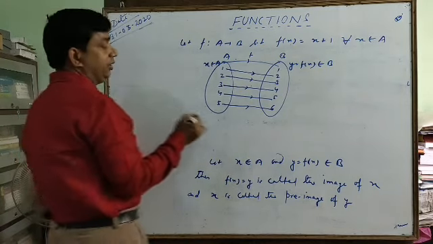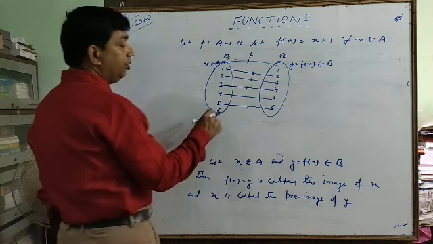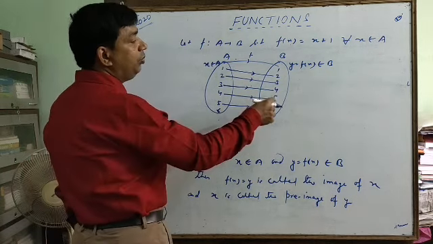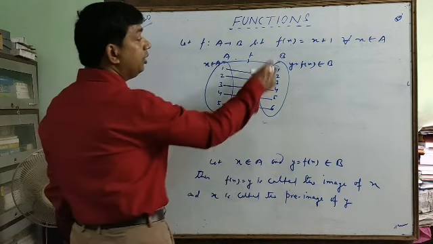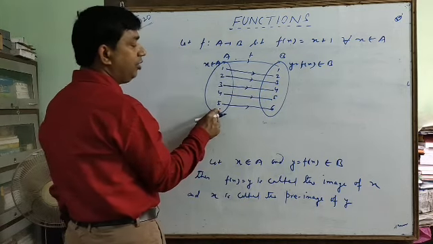the rule of a function. But if I take 6, this 6 does not belong to this set, so 6 has no image, so it is not a function.